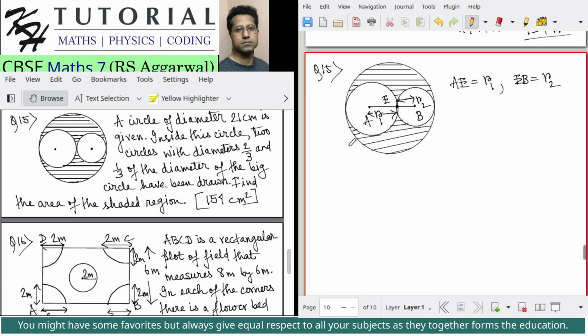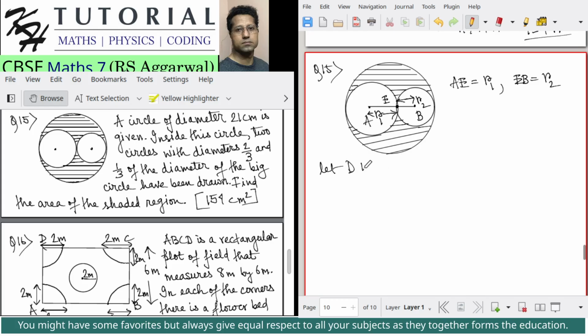Since the diameter of the outer bigger circle is given, and the diameters of the inner two circles are given as ratios of the diameter of the outer bigger circle, we will find the areas of the outer circle and the two inner circles in terms of their diameters.